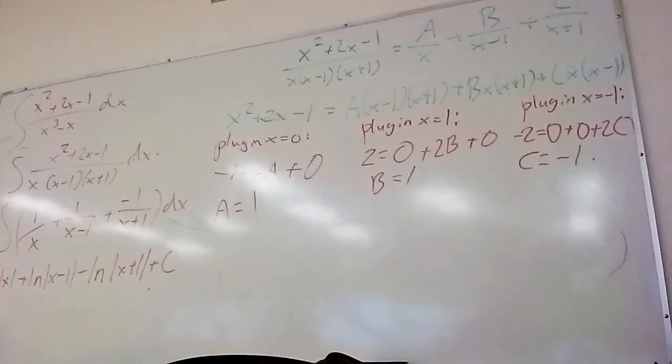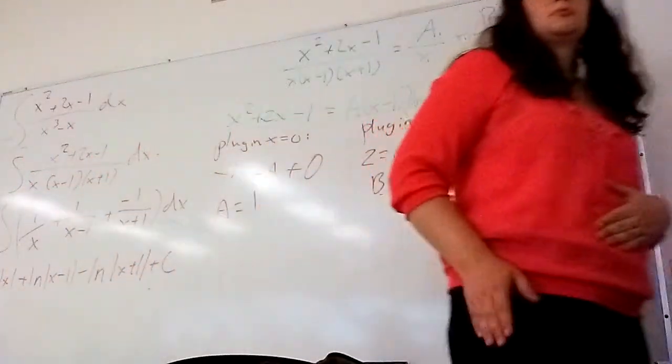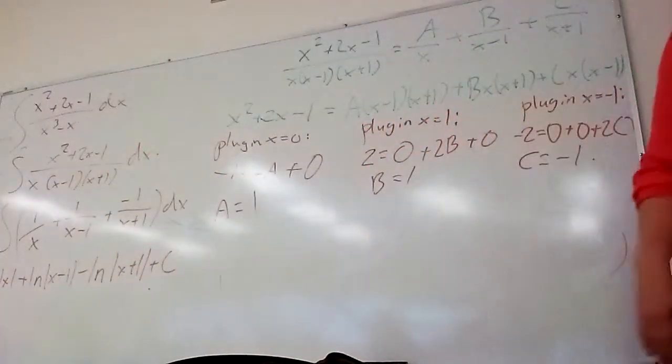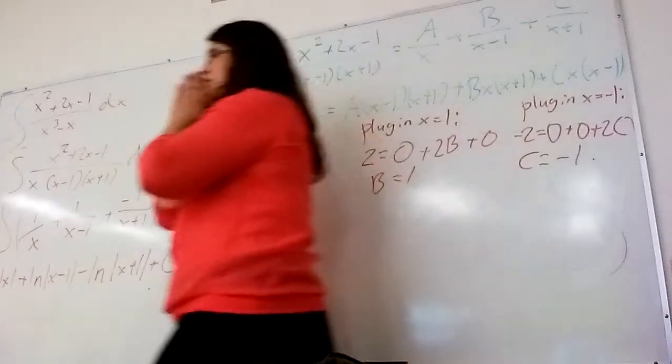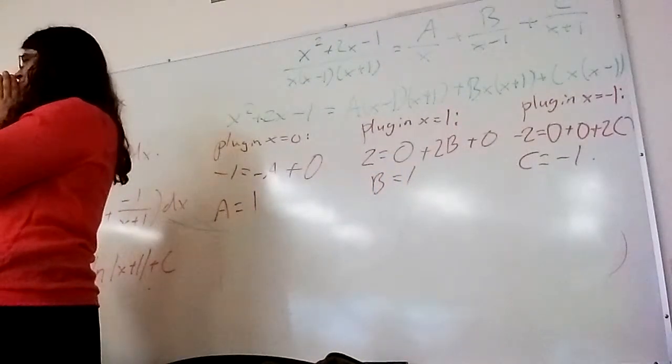Negative 6 over 3 minus 1 over 9. But anyways, what you would do is plug that number into your calculator.